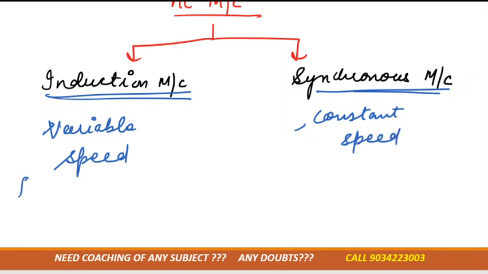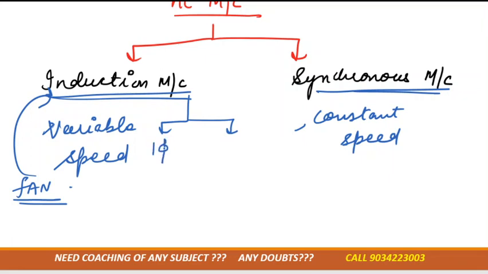Like you are using a fan at your home, right? You can change the speed of your fan. So then you are using an induction machine. And in our home, which supply we are using? Single phase or three phase? Generally at home it is single phase, and for industries we'll use three phase.